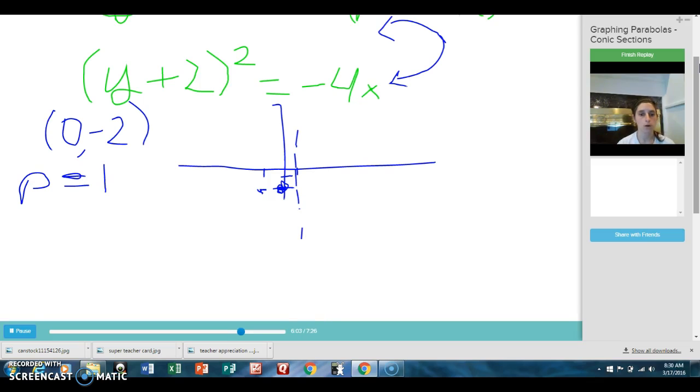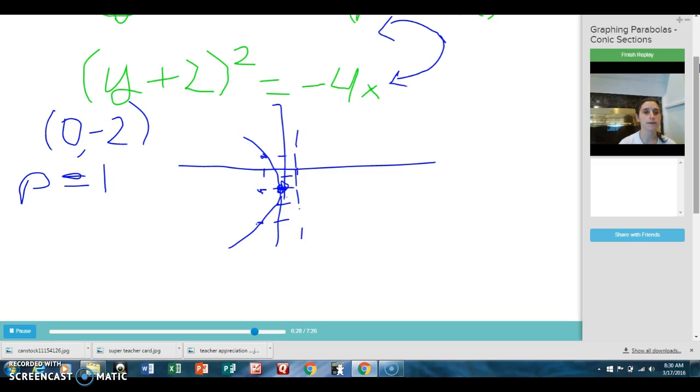All right, so if you recall, the width of the parabola at the focus is equal to 4p. So at my focus, I need to go up and down 2 units so that altogether the length is 4. Right here. So here's my parabola.